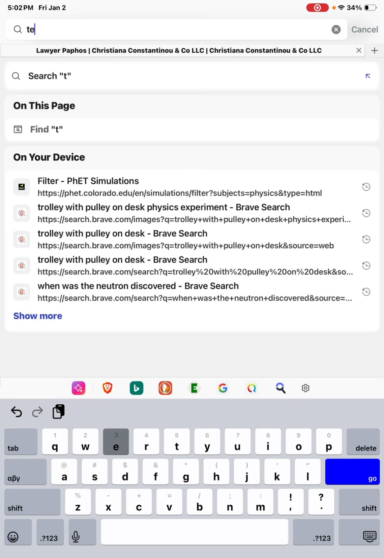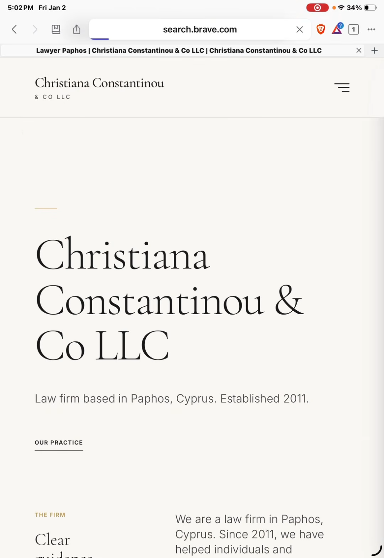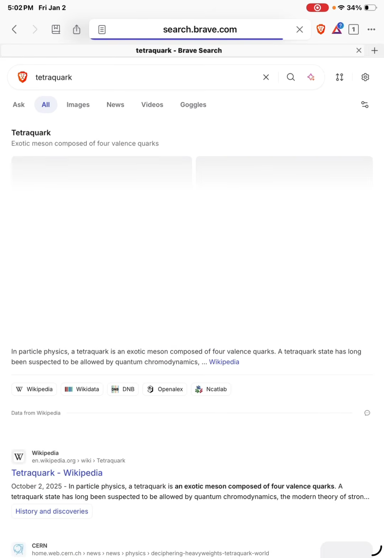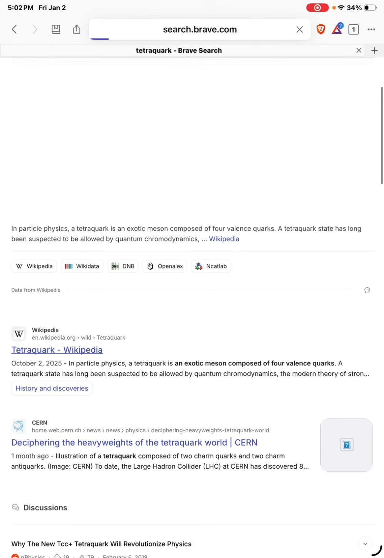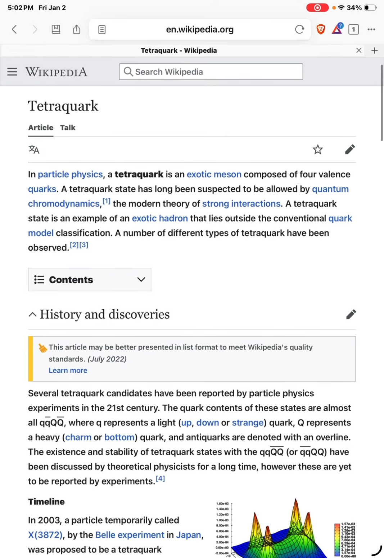Okay, so tetraquark, let's see. In particle physics, a tetraquark is an exotic meson composed of 4 valence quarks.